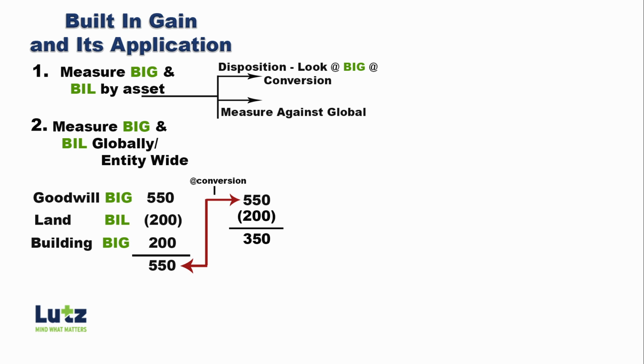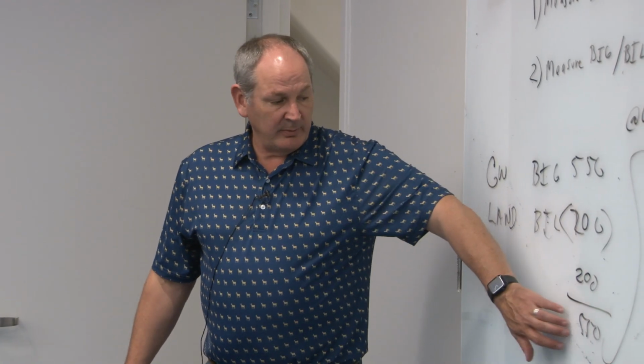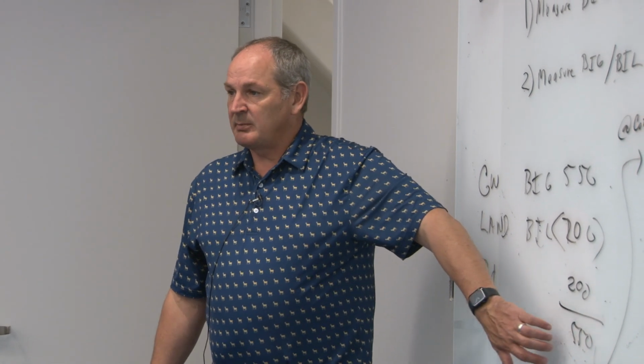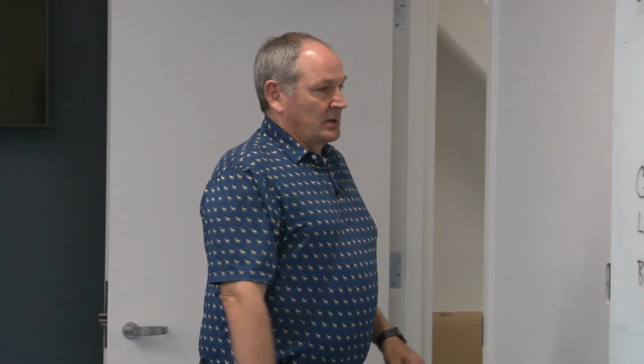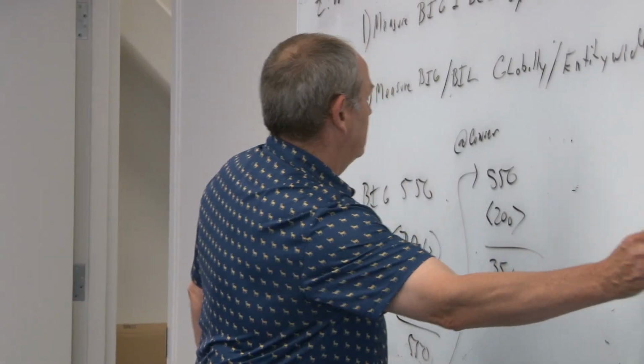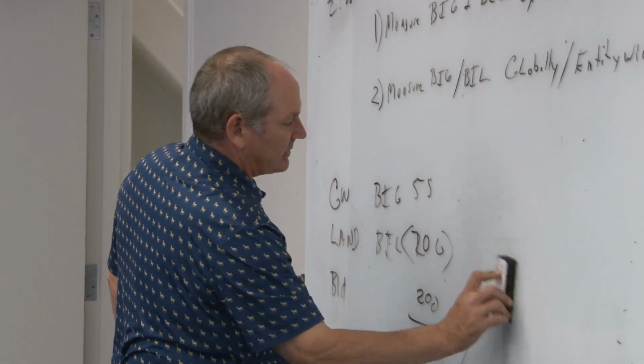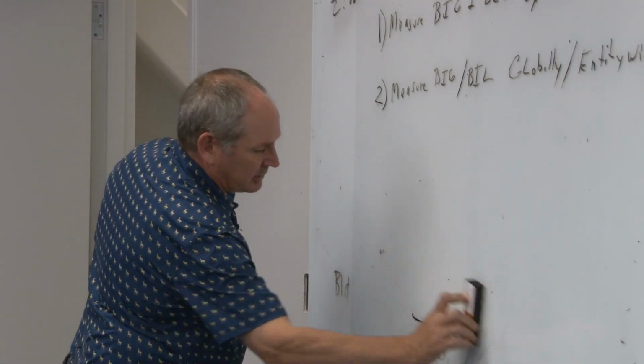So now, if we sell the goodwill within the next 5 years at 550, even though 550 existed at the date of conversion, we've already reported 200 by virtue of already selling the building. So the only amount that you're ever going to report, the ceiling, is the amount that existed at the date of conversion. So it's an asset-by-asset calculation, and it's a global calculation.